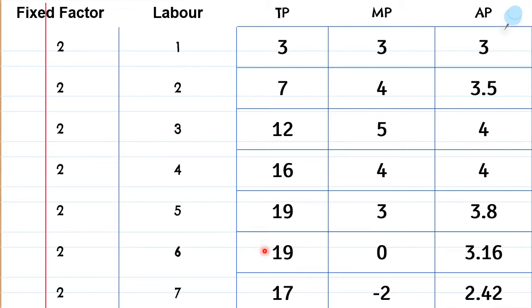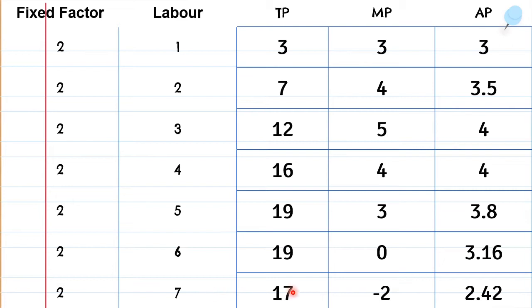Then we go on to the use of the sixth unit of the variable factor. The total product at that level is 19. We minus that with the total product when 5 laborers were employed, and we get 0 because 19 minus 19 is 0. That means there is basically no addition to the total product.